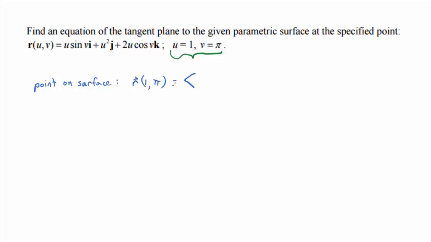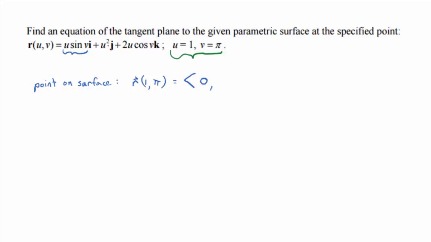So when we plug in u equals 1 and v equals pi, what do we get here? What's the sine of pi? Sine of pi is 0. So we get 0 for the first component, or really the first coordinate of the point of tangency. Notice I didn't bother plugging in u equals 1 because 0 times u is 0.